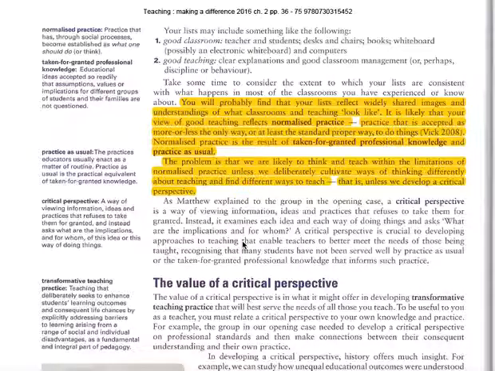This notion of reflecting normalized practice is really important to understand and get your head around, because it threads itself through this whole chapter: the ways in which we take for granted certain kinds of knowledge about what it means to be a good and effective teacher, what good and effective students are, and schools more generally. How do we classify good, competent, effective, productive, whatever word you want to use? So this practice as usual issue.